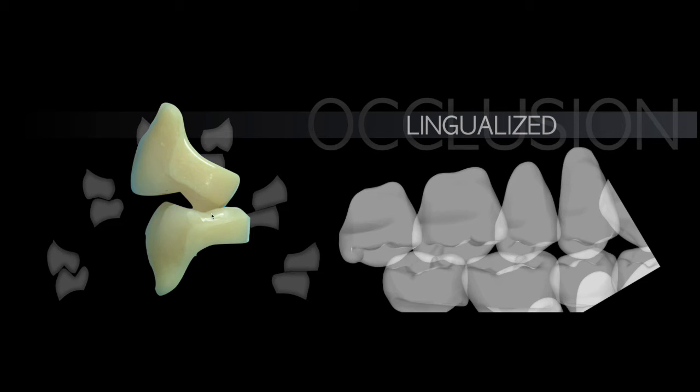Mandibular teeth are semi-anatomical teeth used to provide only the lingual cusp in contact, but not on the buccal side. So compared to the anatomical or semi-anatomical teeth setup, the buccal side teeth will not be in contact, meaning that in lingualized occlusion, only the lingual cusp is in contact with the opposing lower teeth.